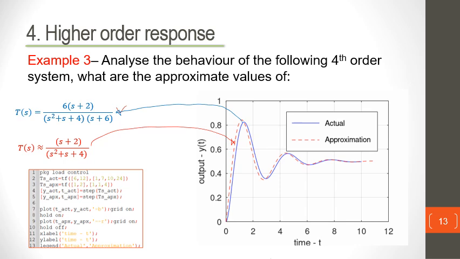And the steady state value of the output was around 0.5, remember. You will see that this peak overshoot here, which is way above 50%, it can be seen here.